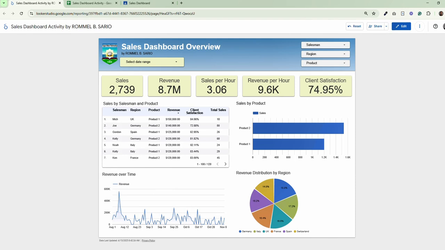So now we understand how many products were sold, but also who sold them, where, and how satisfied clients were. Why it matters professionally: if you work in marketing, you will use these insights to run better campaigns. If you are a sales manager, you will track your team's performance and reward top performers. In business development, this helps you decide where to expand.